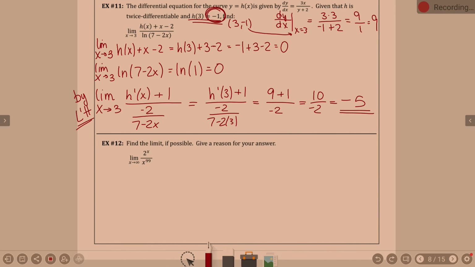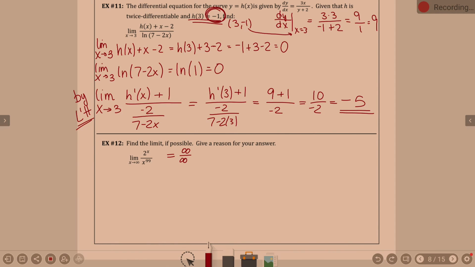Now, do I have time to explain this last one? Okay, well, without doing anything, what can you already tell? This is going to be an infinity over infinity type situation, right?